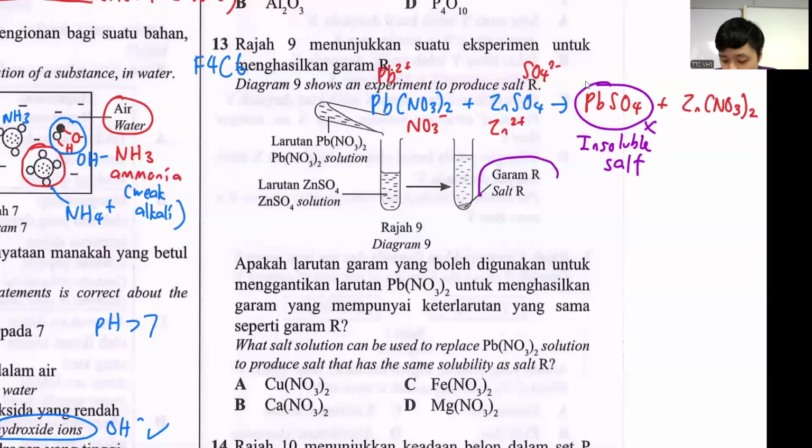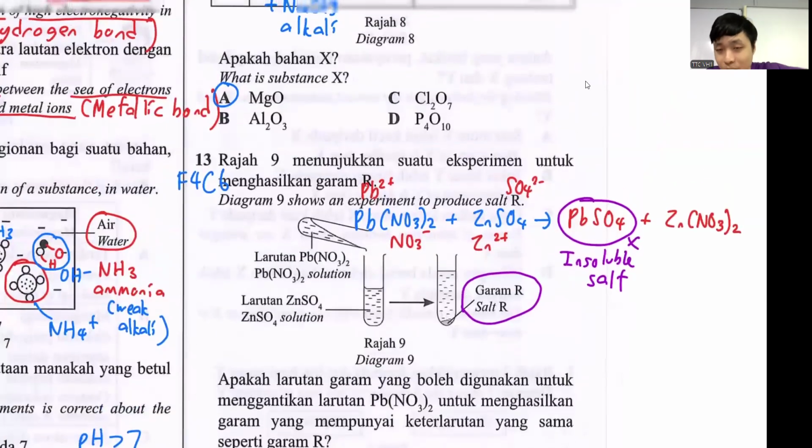They are pointing at R, right? They're asking what salt solution can be used to replace lead(II) nitrate. So which sulfate is insoluble? Most sulfate salts are soluble.